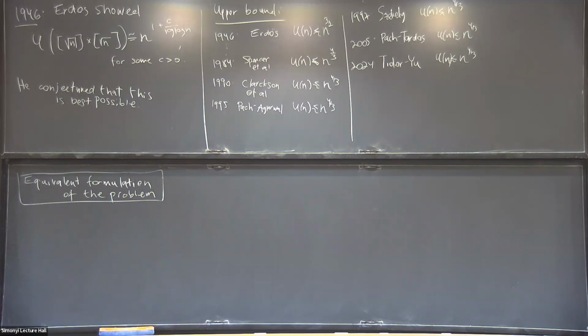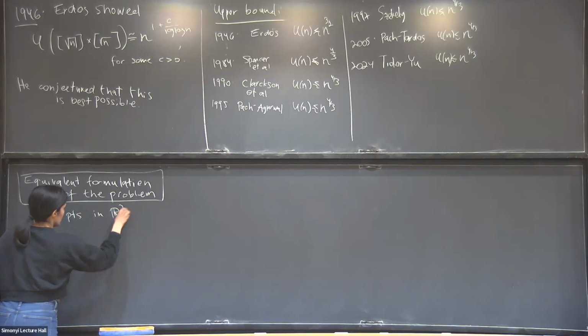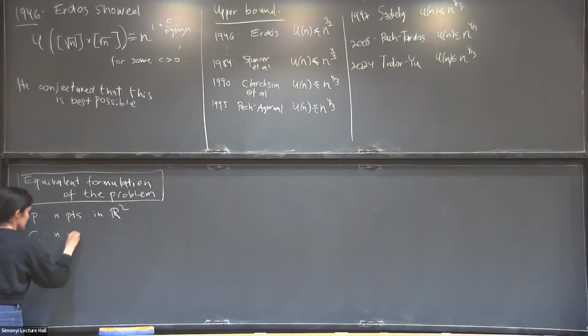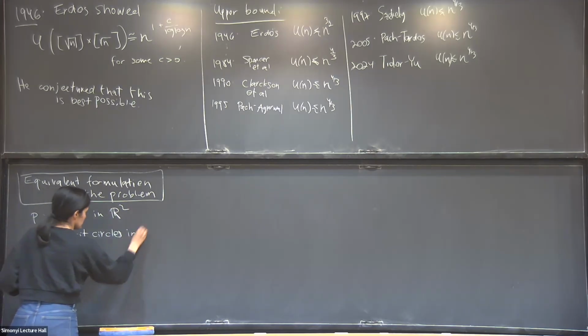Here's the other formulation of the problem. So what is the equivalent formulation? We're given a set P of n points in R2, and we're given a set C of n unit circles in R2.